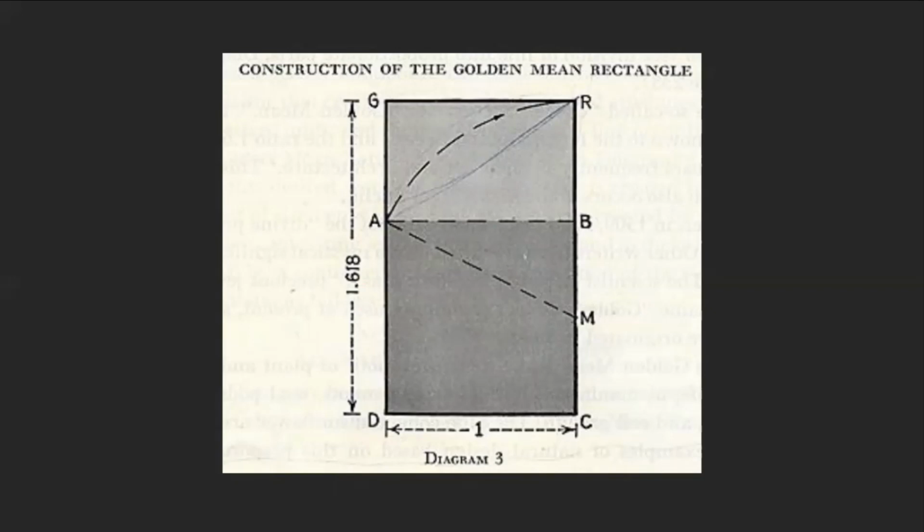I'm going to go over this again because I know it's confusing. I'm going to start with a square. On the bottom line of my square, I'm going to find a midpoint. From that midpoint, I'm going to find the length of the diagonal from the midpoint to the top right corner. I'm going to drop this length down, meaning that I'm not going to alter the length of it in any way.